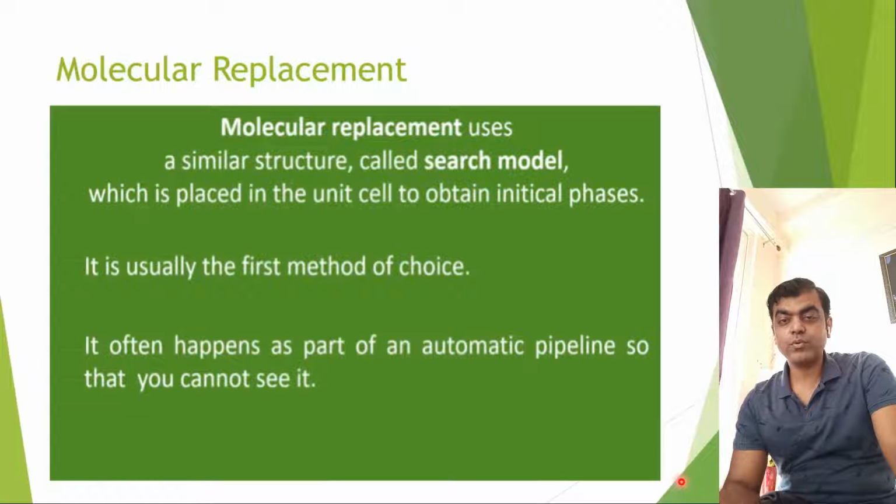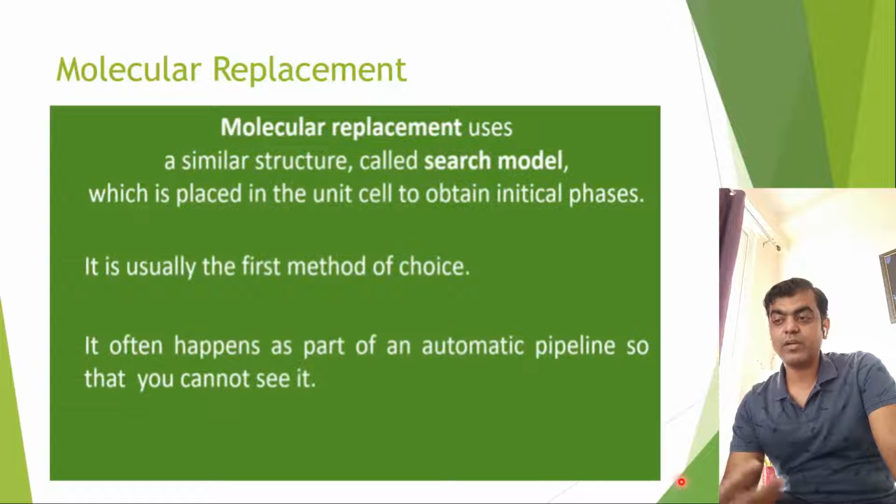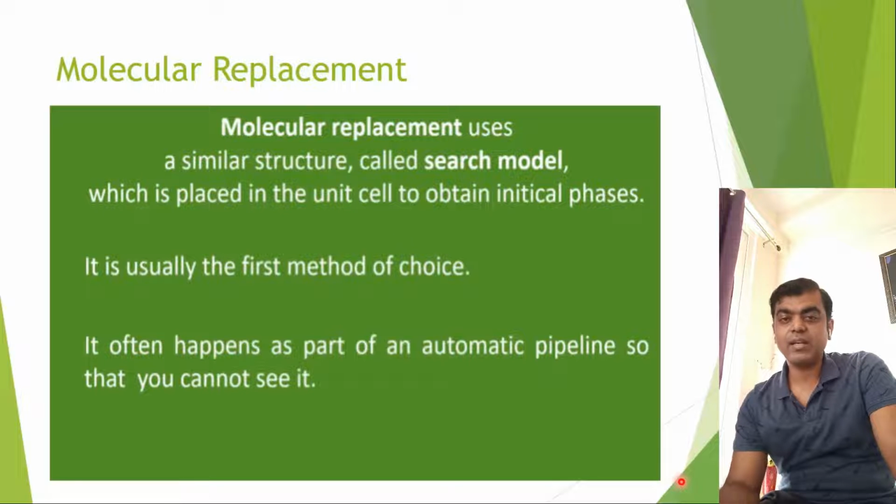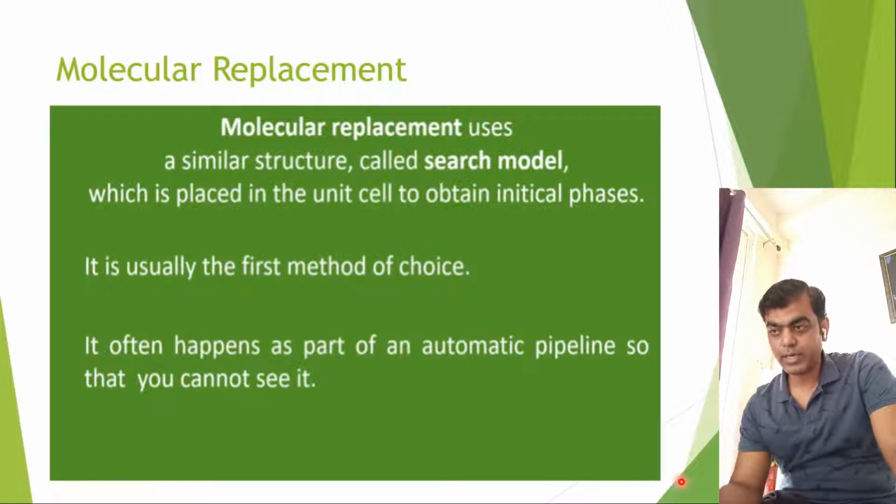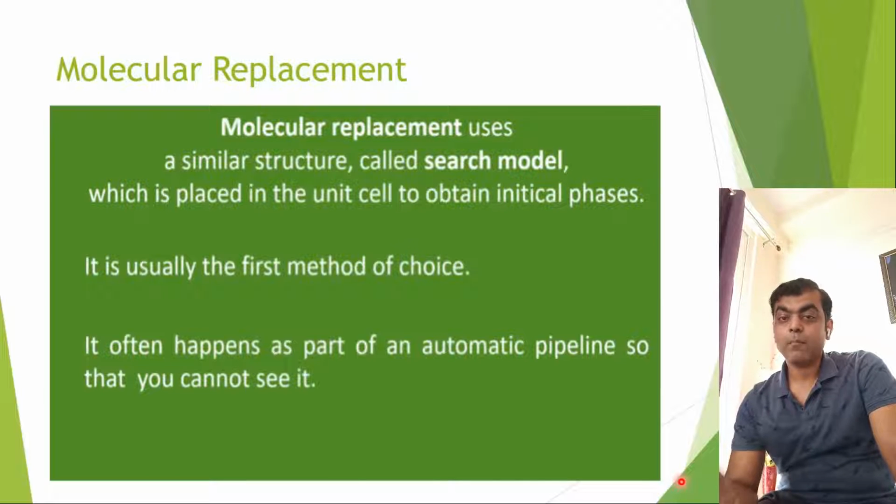For that we have to use certain methods, and by taking care of those methods we will try to get this phase problem removed in a much better way, because just by changing the expression we will not get much information and will end up getting nothing, right? So there is something called molecular replacement. Molecular replacement is a method where you have a similar structure, maybe a homologous structure, and it will match.